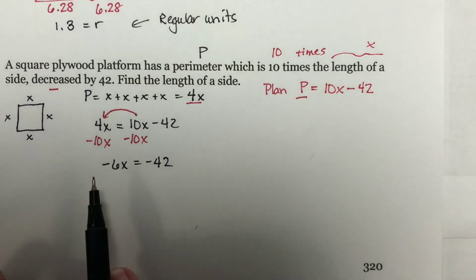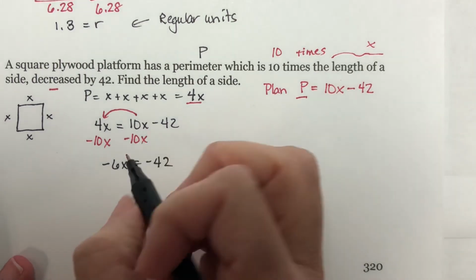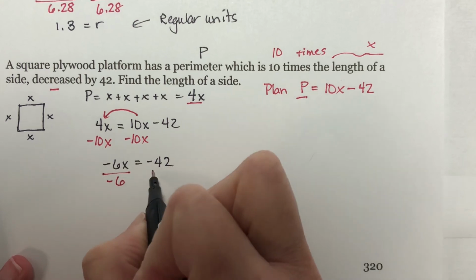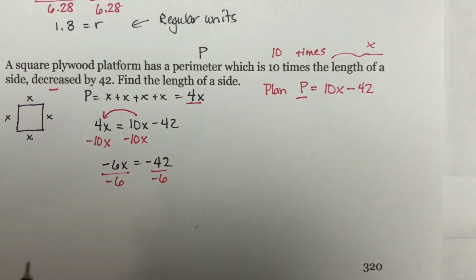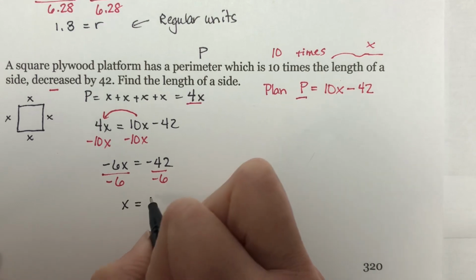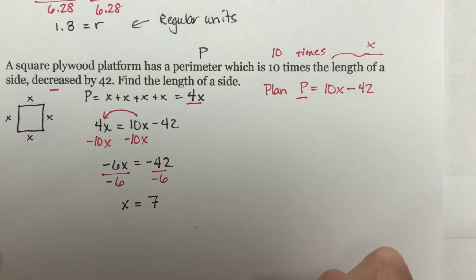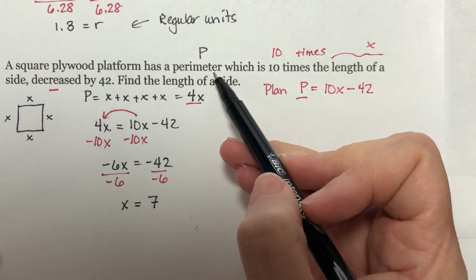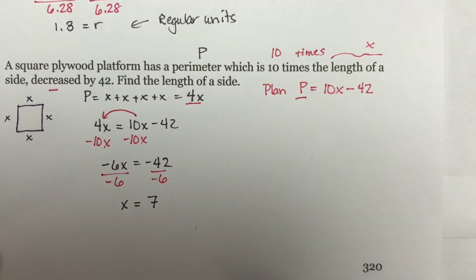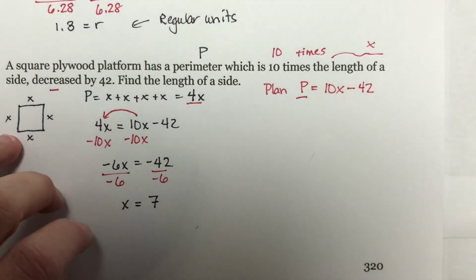Okay, so I have negative 6x is equal to negative 42. I want a 1 here, so I divide by negative 6 on both sides. A negative divided by a negative is positive, so my x is going to equal positive 7. Again, this is a perimeter, so if you were given some sort of unit, it would be 7 inches, 7 feet, something like that.